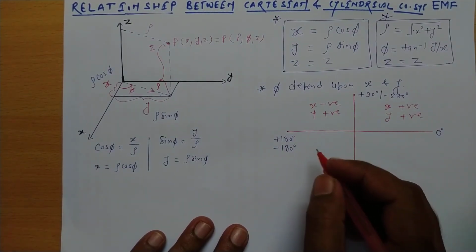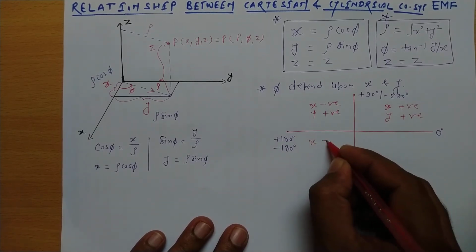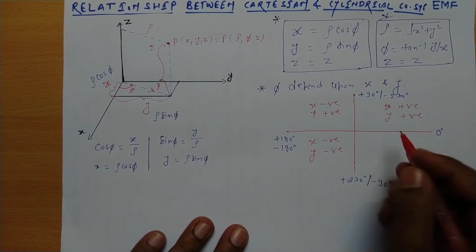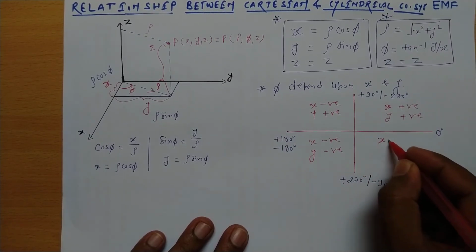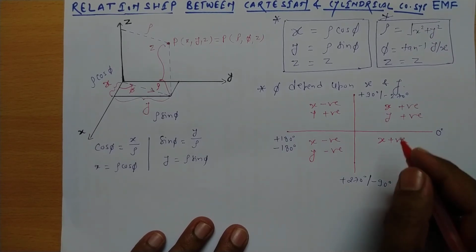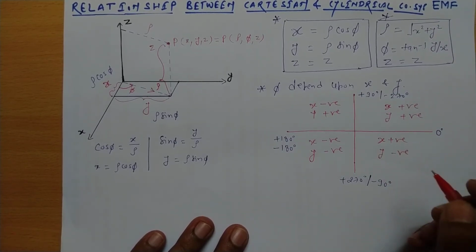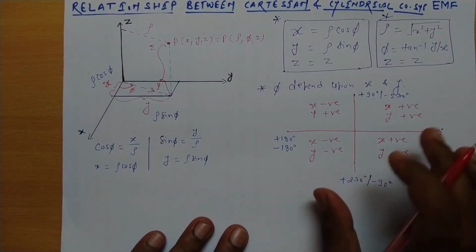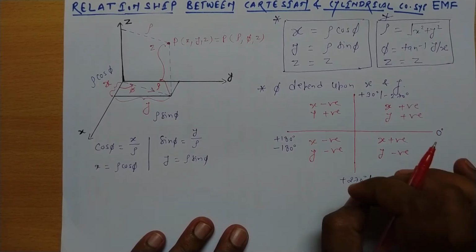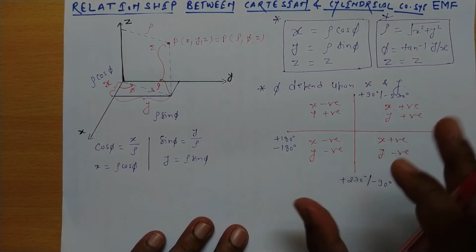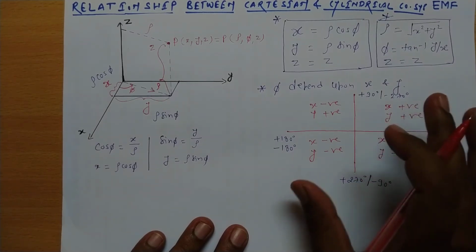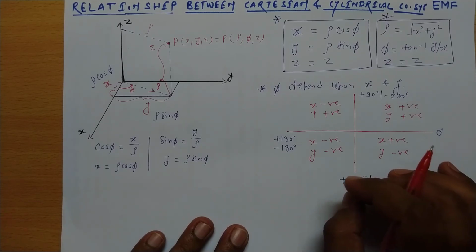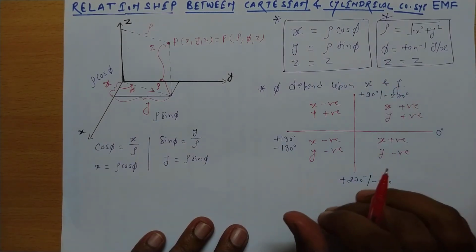In the third quadrant x is negative and y is also negative. In the fourth quadrant x is positive and y is negative. So take care of the quadrant while finding the value of phi, and I will explain this point again in detail when I take a numerical, so it will be absolutely clear how you find the value of phi from the given values of x and y.